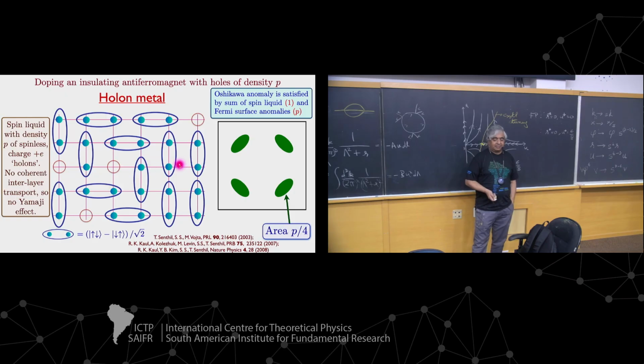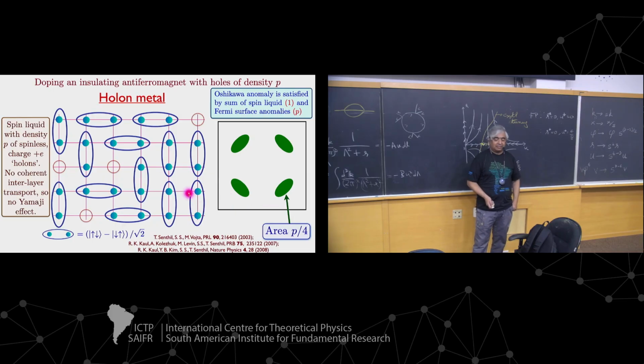Well, in this case, with a few simple calculations, you will indeed again get 4 pockets of spinless particles. But now, what you see is that there are 4 pockets of spinless holons. And so the area is again P over 4, but for very different reasons. Because you have 4 valleys, but no spin.